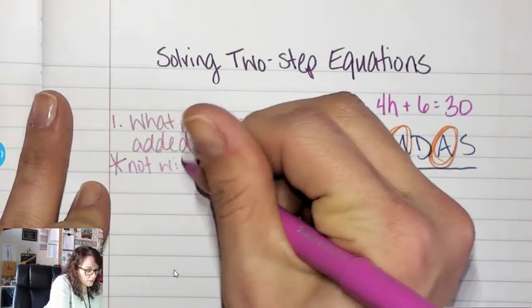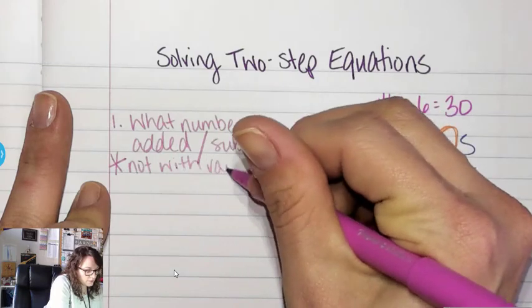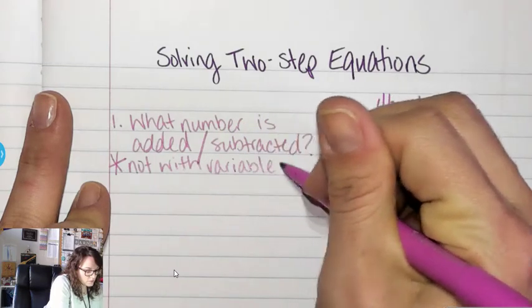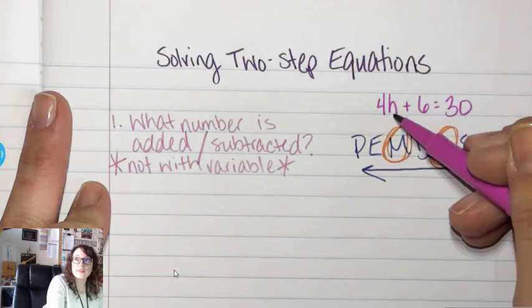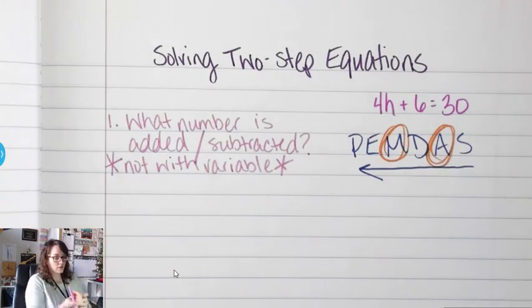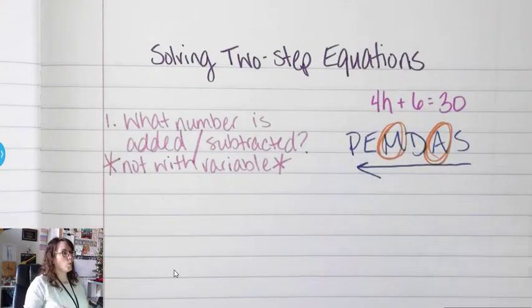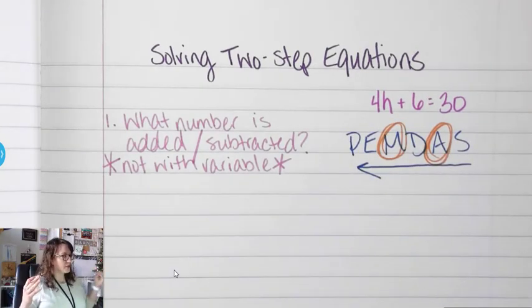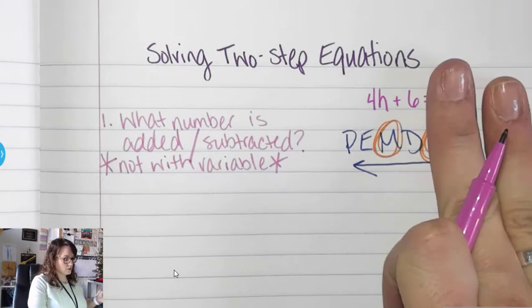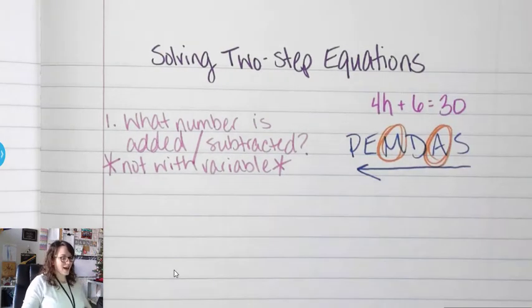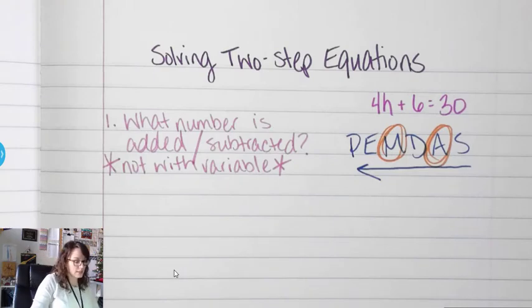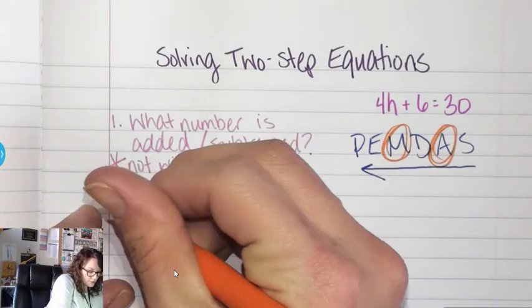Not with the variable. And remember, the variable is the letter. So in this equation, which number is not with the variable? 6. What's the opposite of that 6? Minus 6, negative 6.